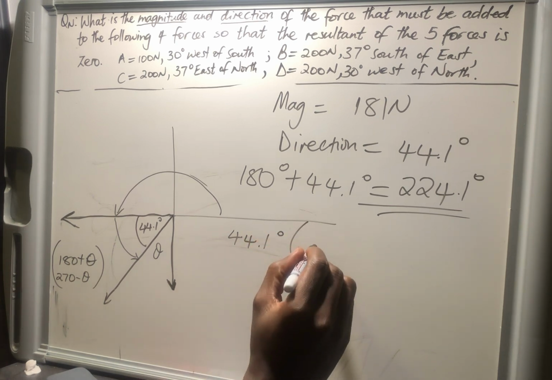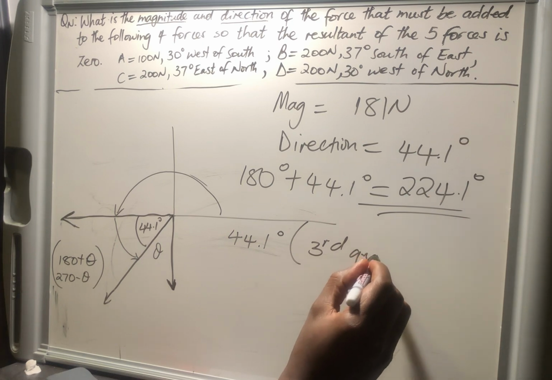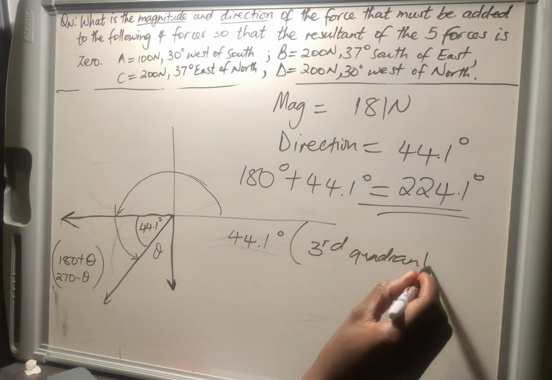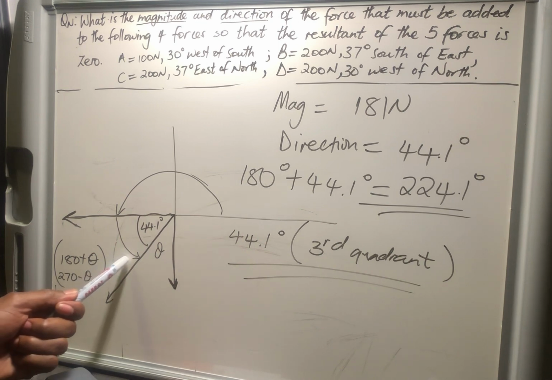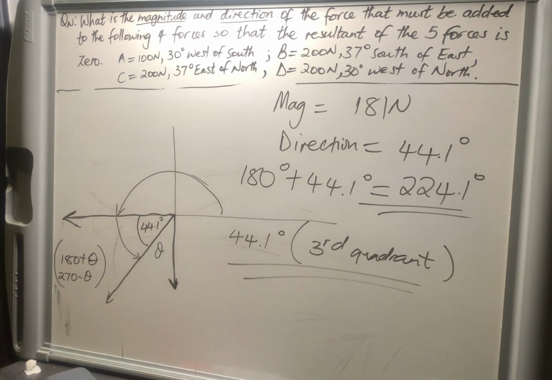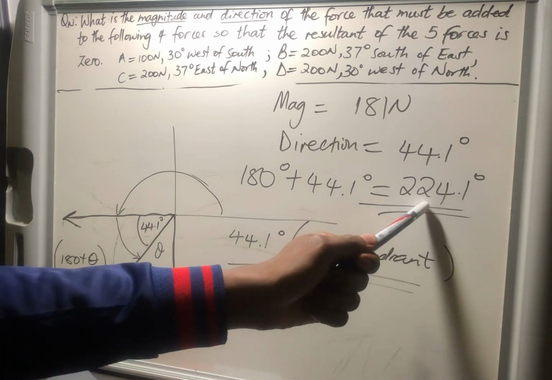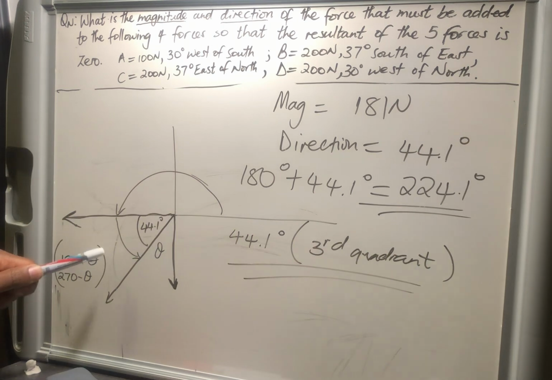In brackets, you write third quadrant, so that the invigilator or the marker will be able to see that this angle is in the third quadrant, therefore it can't be 44.1. But this is the actual angle. But if you choose to end here, just indicate that the angle is in the third quadrant.